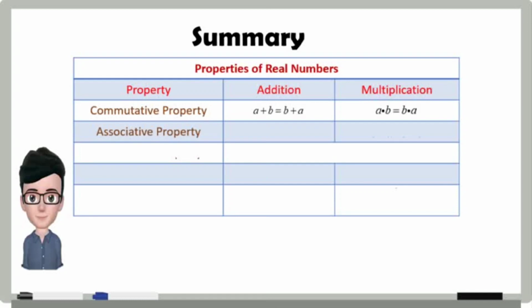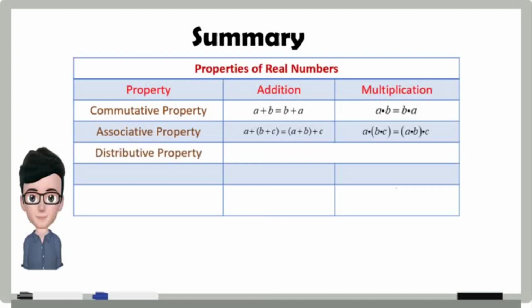Now, for associative property, in addition, we can regroup the addends. In multiplication, we can regroup the factors. Remember, it is only applicable in addition and multiplication.